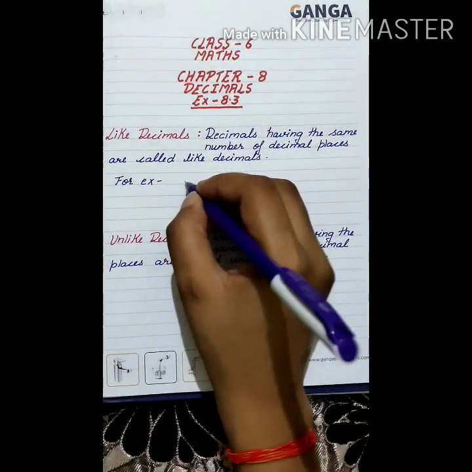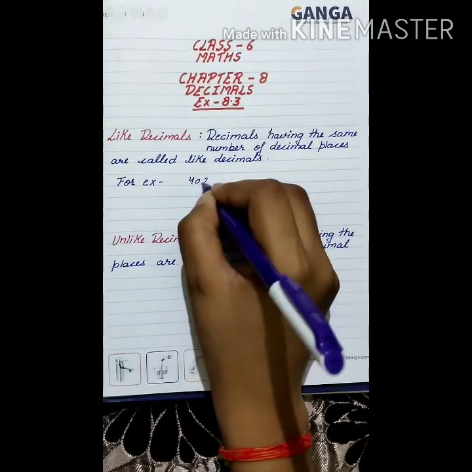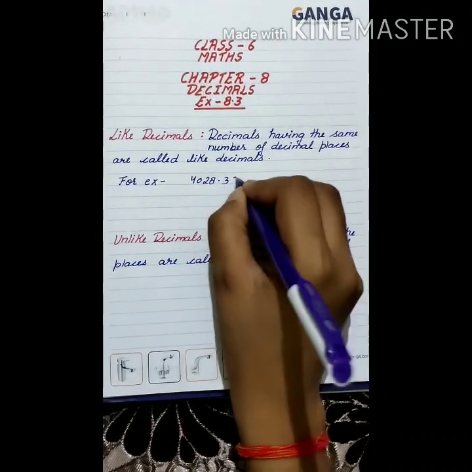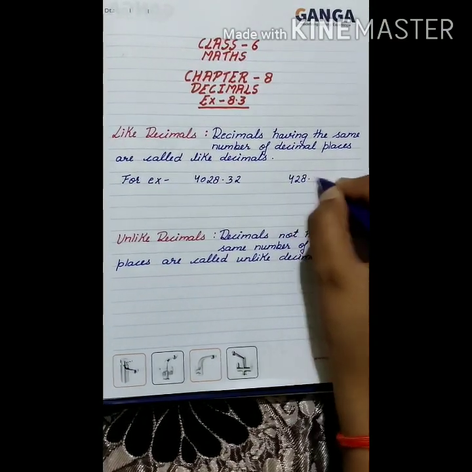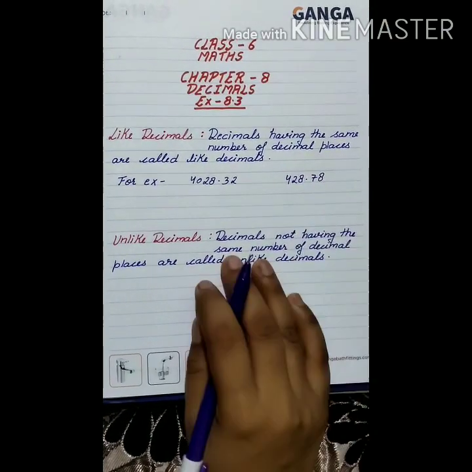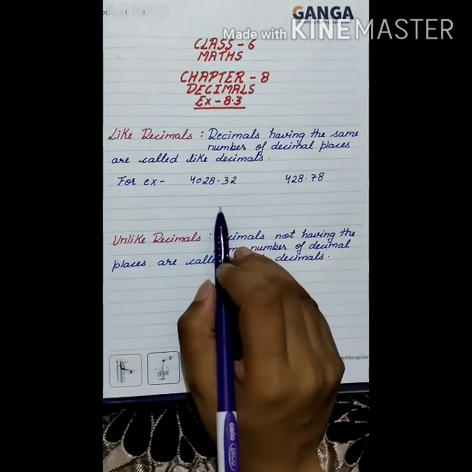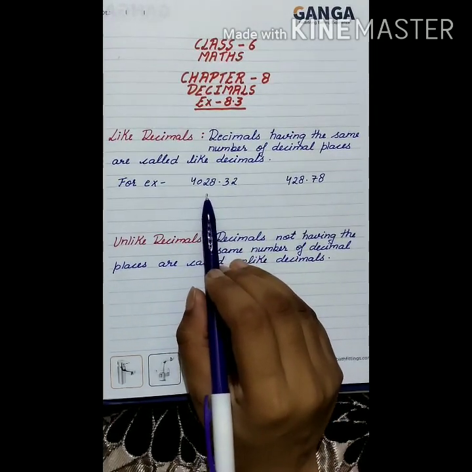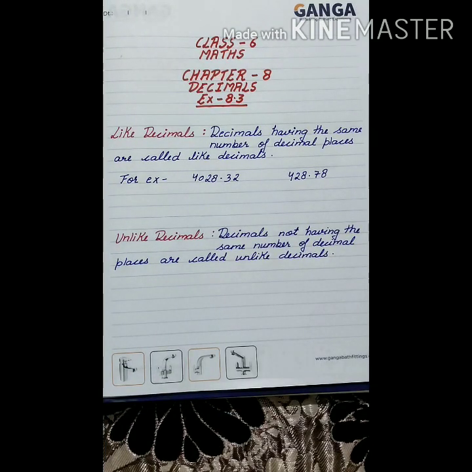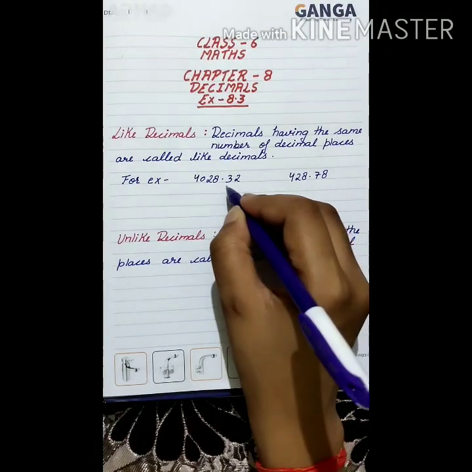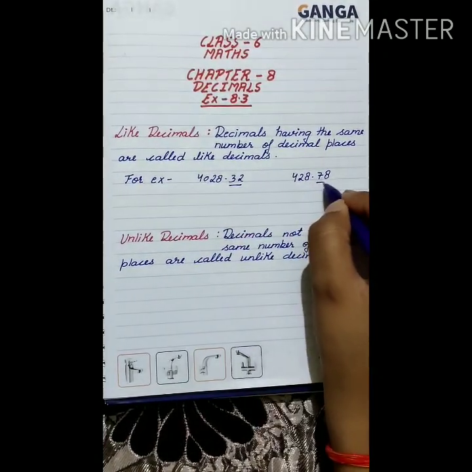For example, if we have 4028.32 and 428.78. Here we have two decimal numbers, and we know that a decimal number consists of two parts, the whole number part and the decimal part. To find out whether they are like decimals or not, we have to check only the decimal places, that is 32 and 78.